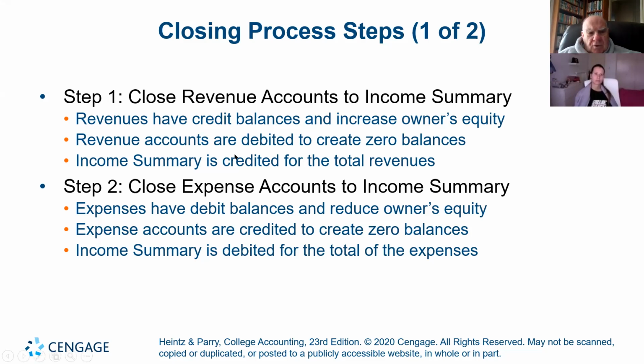We're going to debit all our revenue accounts so that they reflect zero, and we're going to credit income summary. Income summary at the end of the month is always zero. You will never see income summary on any financial statement or any financial report. It is just a mechanism to close the income statement into equity.